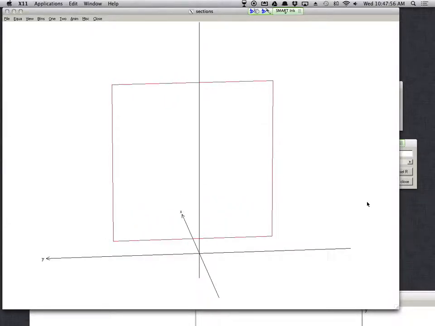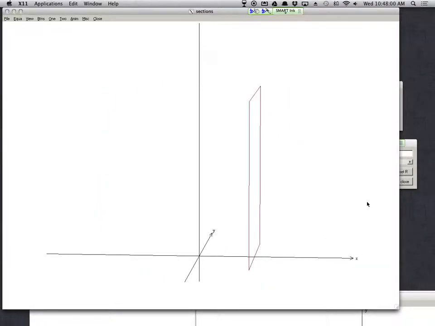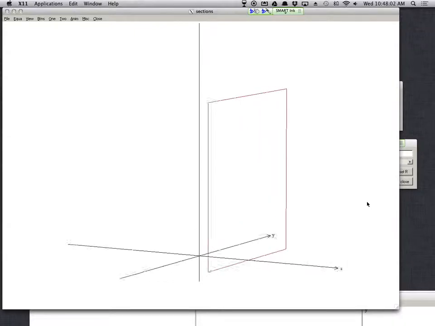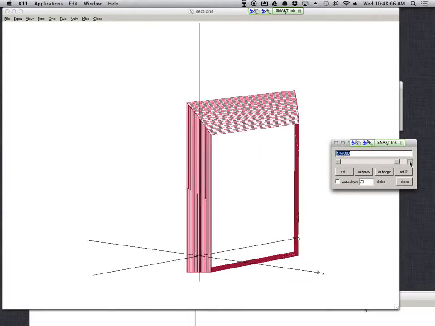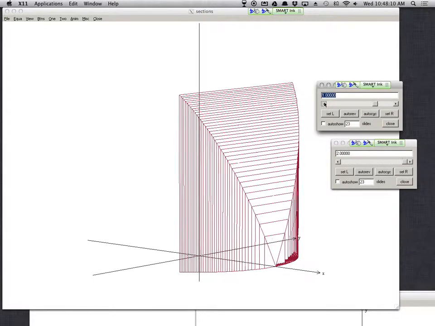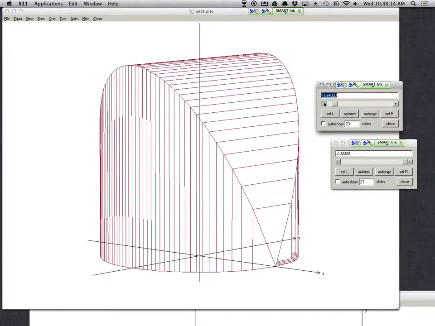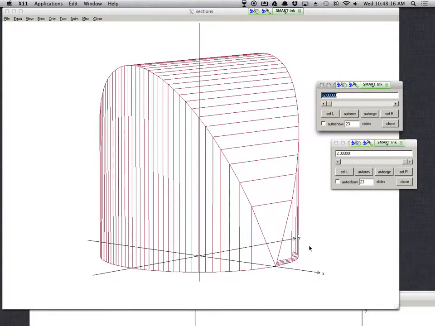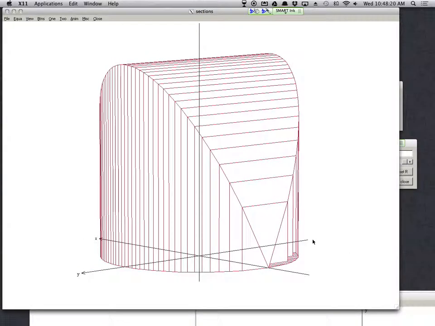Let me build it back up. If I go back out to the right, it gives me that. Go back out to the left. You get that figure. So now you can see what the three-dimensional figure looks like.